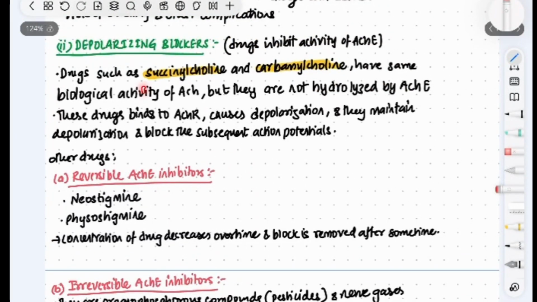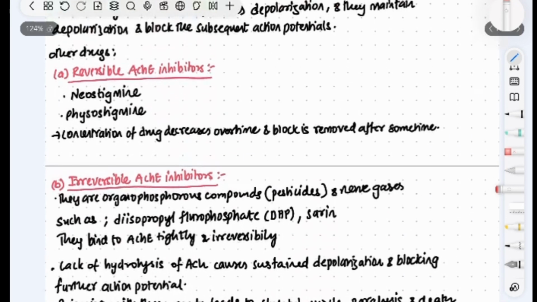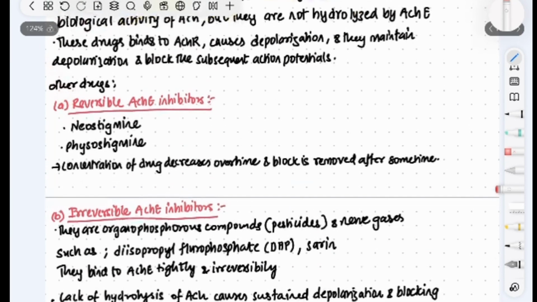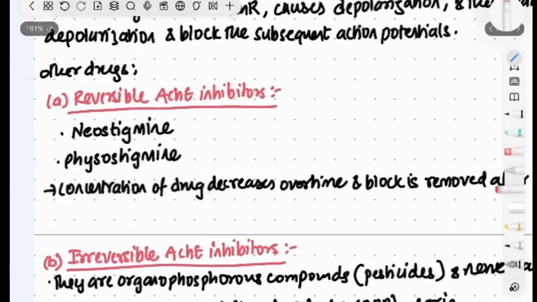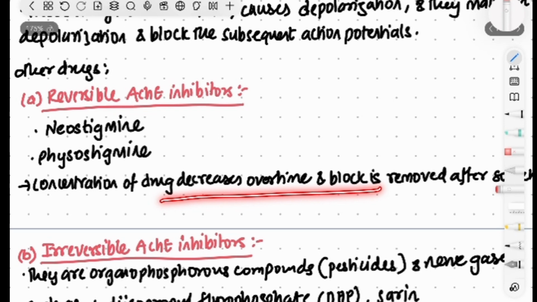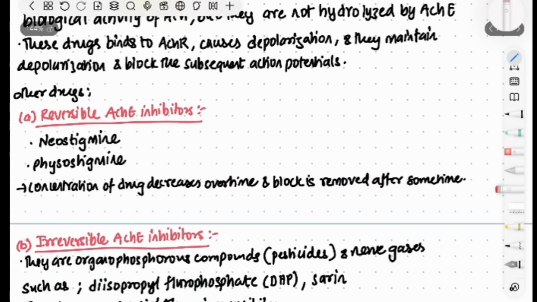Just remember, succinylcholine or carbamylcholine has the same activity as acetylcholine, and they are not acted on by acetylcholine esterase. And we have reversible acetylcholine esterase inhibitors. These two are the reversible acetylcholine esterase inhibitors, neostigmine and physostigmine. The concentration of the drug decreases over time and the block is removed after some time.